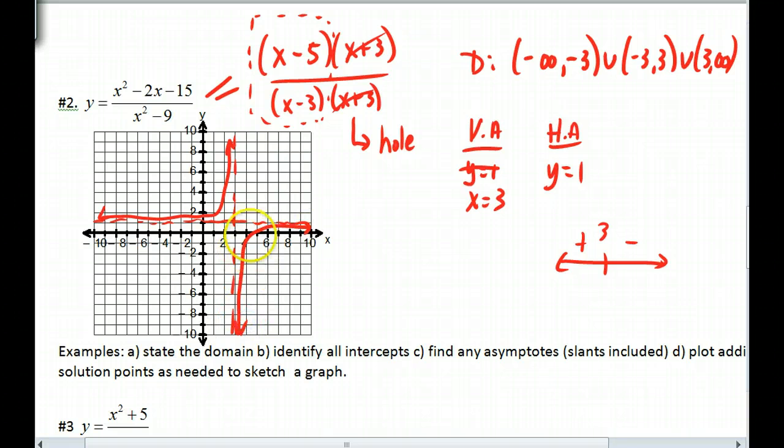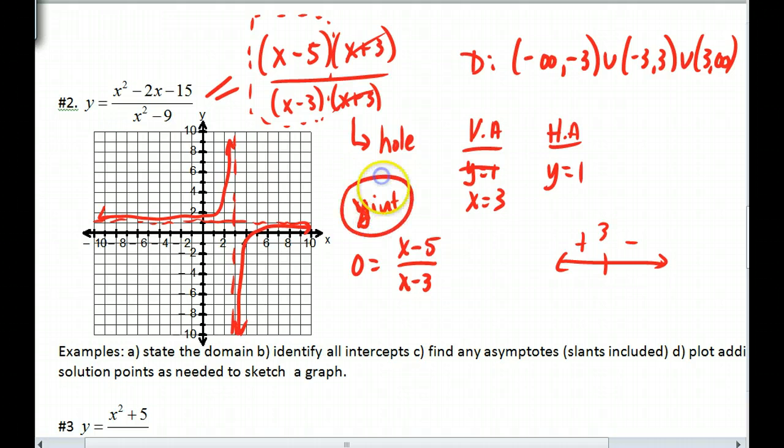Now I did miss a y-intercept here. Let's see if we do have a y-intercept. So what I do is I set 0 equal to x minus 5 over x minus 3. So for my x-intercept, I'm so sorry, x-intercept, let y equal to 0. I cross multiply, the x minus 3 goes away, and so it's just the numerator tells me that I have x equal to 5.